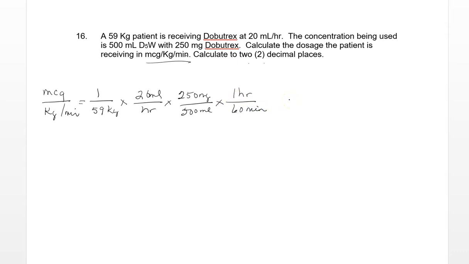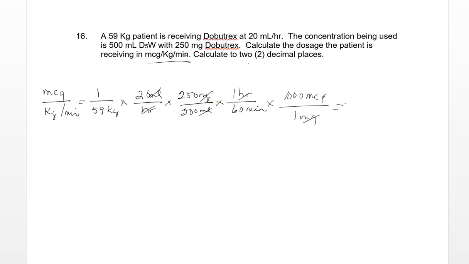Do we need anything else here? We can get rid of milliliters, we can get rid of our hour. Oh, we need our micrograms here. So we have 1,000 micrograms over 1 milligram. So we can get rid of our milligrams and milligrams.